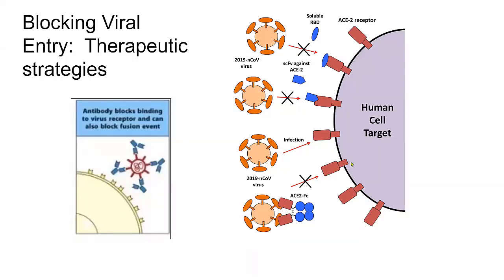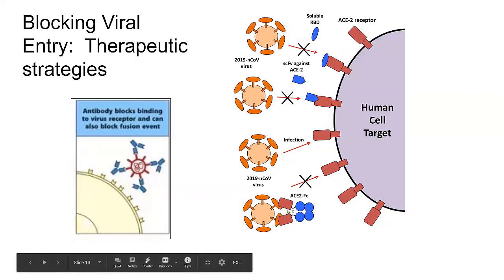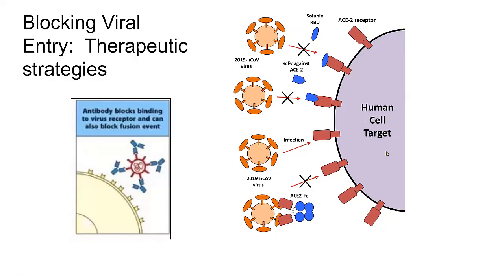Take this ACE2 receptor, make it in a lab, and throw a whole bunch of that into a human, and then the virus will say, I have found my target, but it's wrong. It's a decoy. And since the virus is bound to this structure, it can't get to the real target, which is the cell.